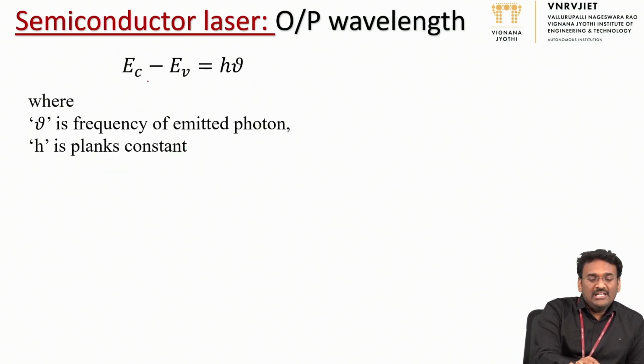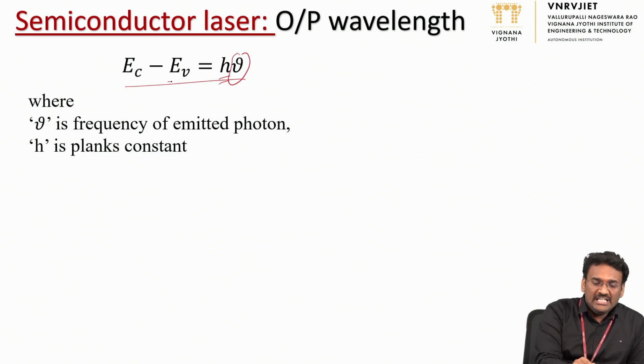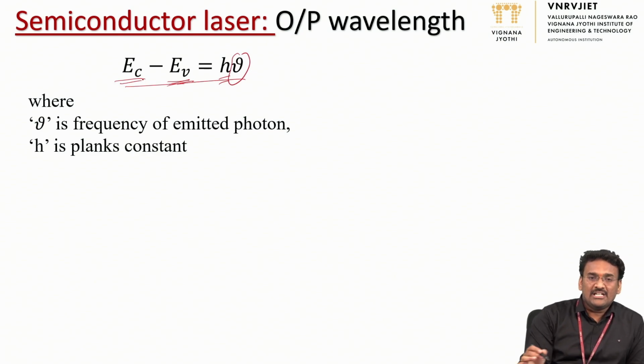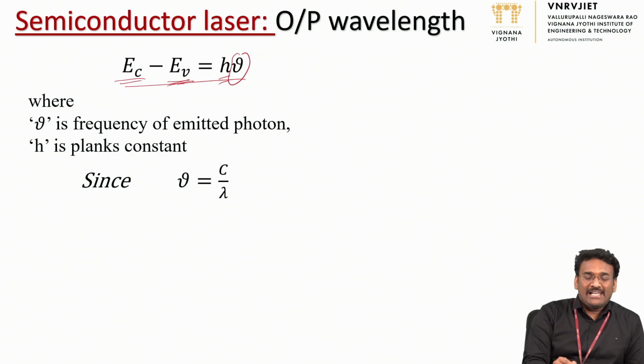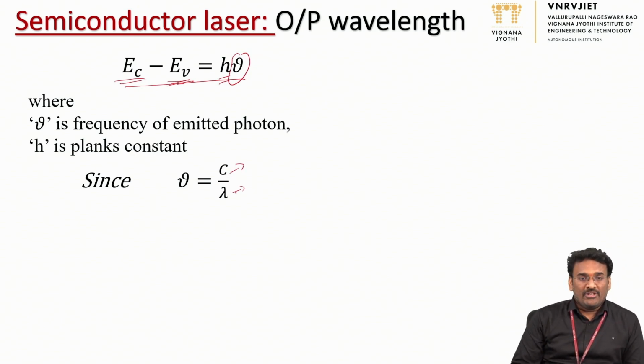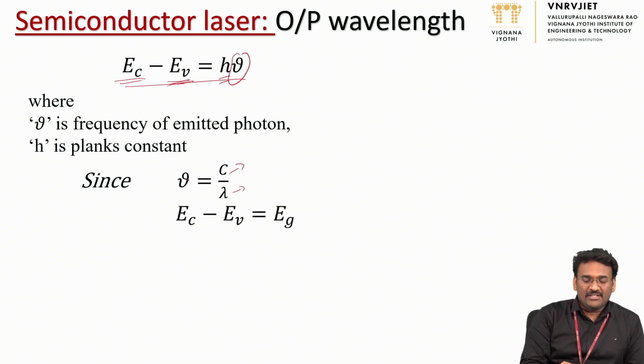We know EC minus EV, because the electrons move from the valence band to the conduction band and photons get released. So we can write EC minus EV is equal to h nu, where nu is the frequency of the emitted photon and h is Planck's constant. EV is the highest energy of the valence band, and EC is the lowest energy of the conduction band. Now, nu is c by lambda, where c is the velocity of light and lambda is the wavelength. EC minus EV can also be taken as the energy gap.